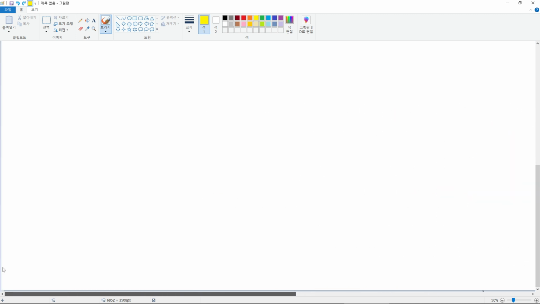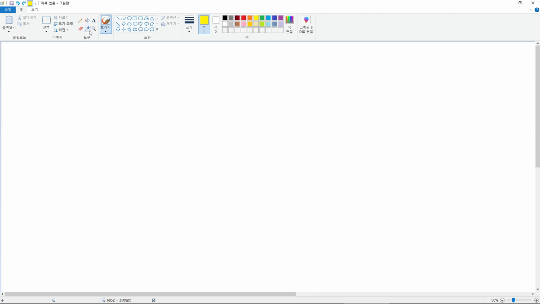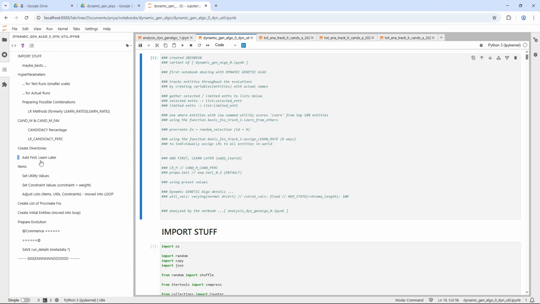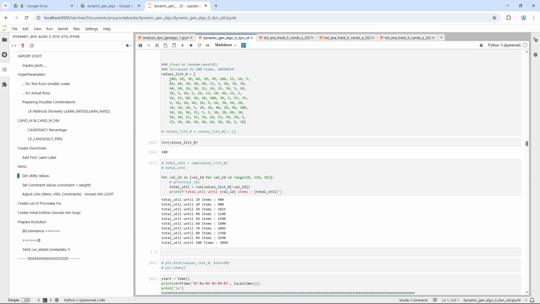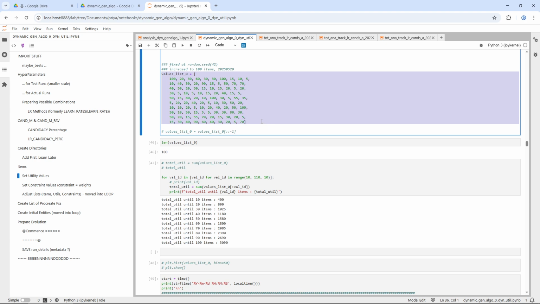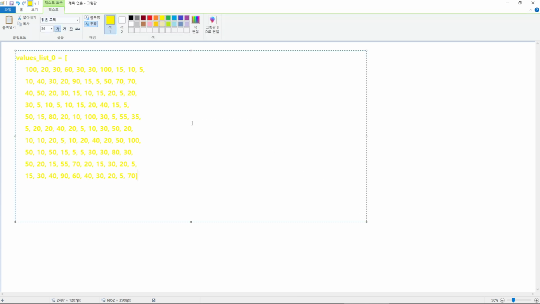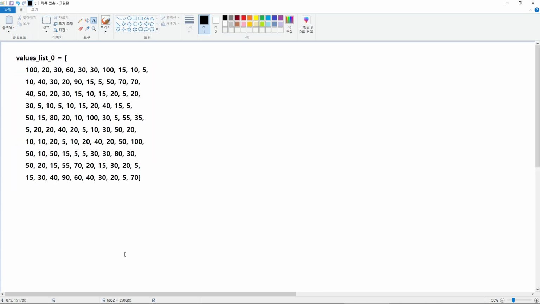For now, I just made them so that, for example, I would have some utility values here, right? And then, let's do it. I have 100 utility values.